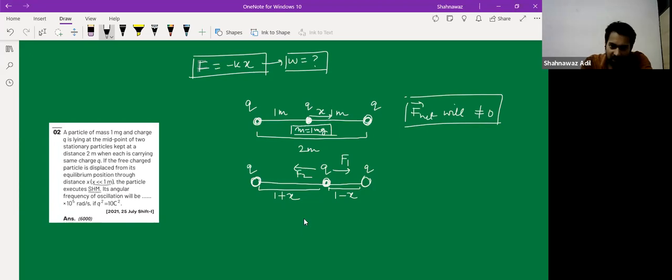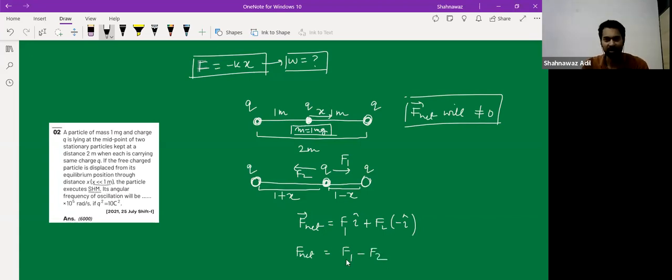So F net would be F1 i hat plus F2 minus i hat, taking these as magnitudes, right? So the magnitude of F net would be F1 minus F2. Right, any doubt in this part, guys?